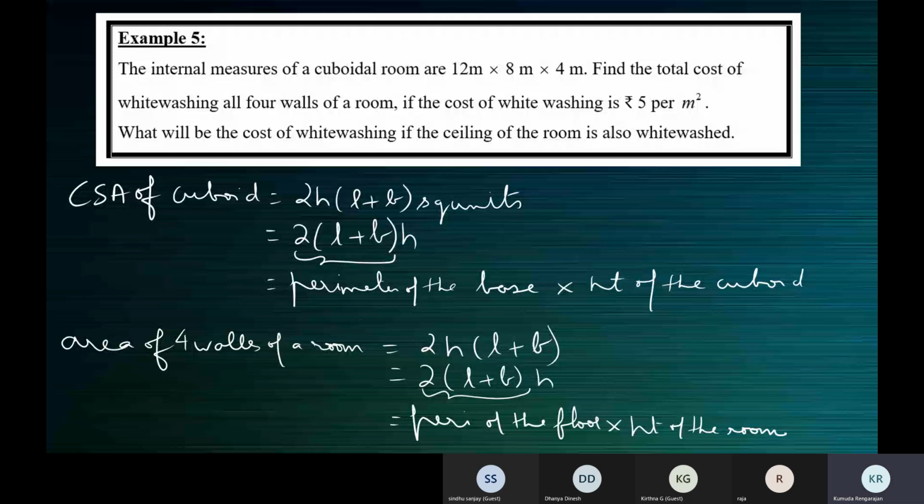This one? Yes, ma'am. Okay. Curved surface area, which means not the area of the top and bottom, only the curved surface area. Okay. Thank you, ma'am.